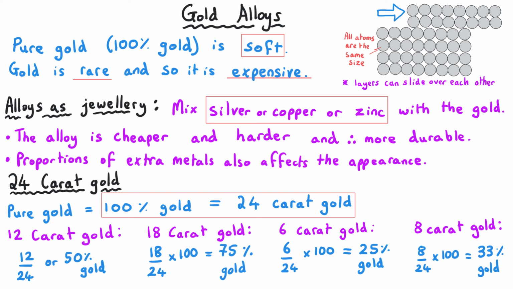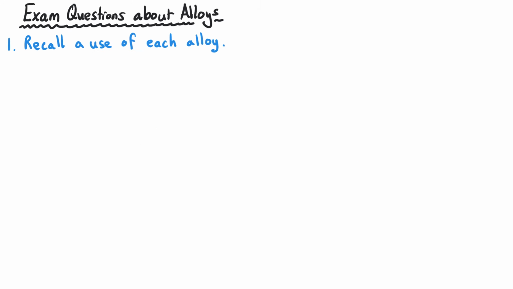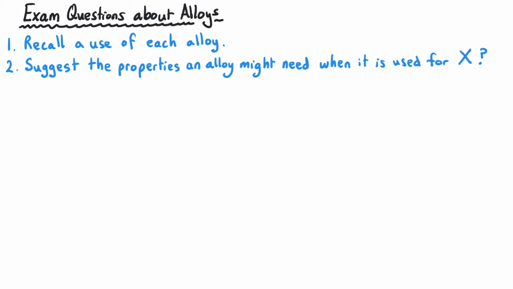Exam questions about alloys can take a few different approaches. Firstly, you need to be able to recall a use for each of the alloys that we've covered in this video. Secondly, you need to be able to be flexible and think about properties that an alloy might need to have for a particular job.